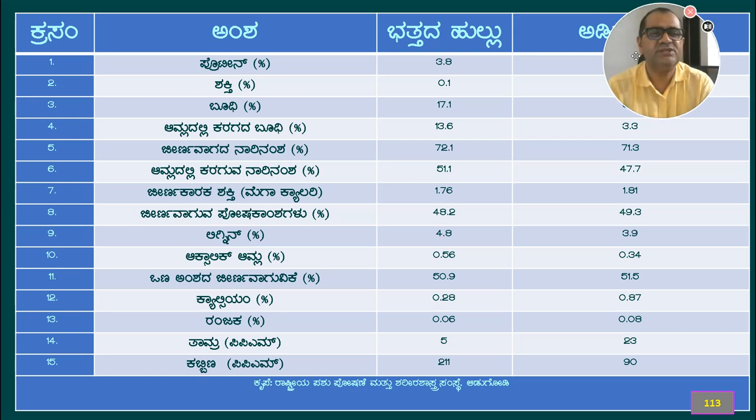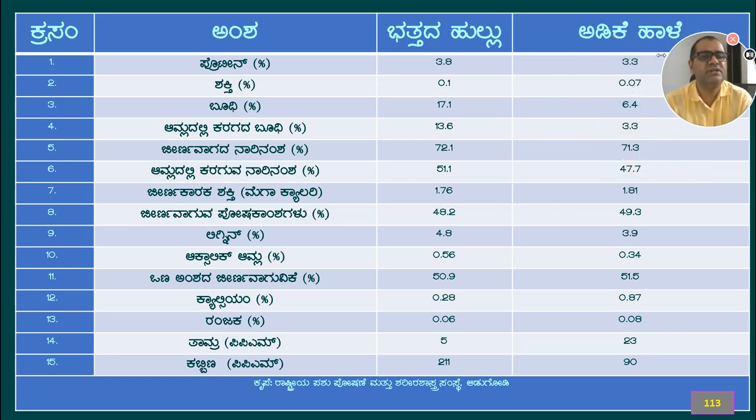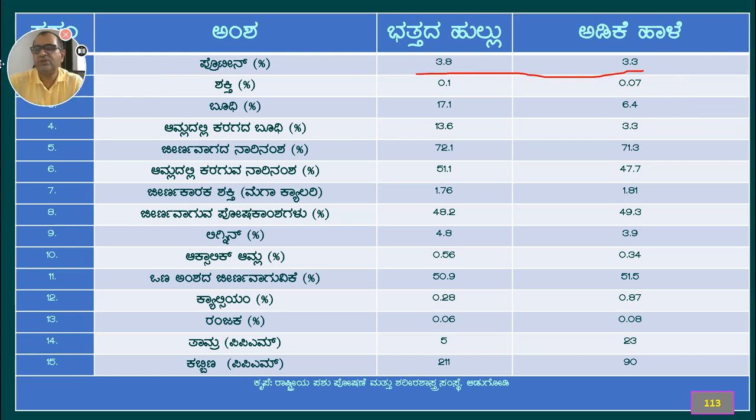It contains protein 3.8%, equivalent to paddy straw, nothing special. The nutritive values are very equivalent to paddy straw. If paddy straw is not there, then you can use the areca nut spade.